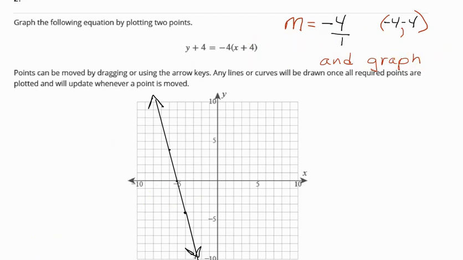Our ordered pair is going to be a -4, opposite sign, and a -4 for the y. And our slope is a -4 over 1. So the first thing we do is plot this point. We go over 4 to the left, down 4. There's our original dot. Then our slope, since it's negative, will be 1 over and then 4 up.